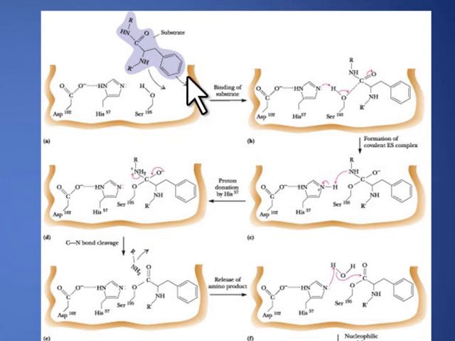The first step of the reaction is substrate binding to the enzyme by nucleophilic attack of the catalytic site serine on the carboxyl carbon of the substrate. The active site histidine residue is activated by a nearby acidic amino acid to extract a labile proton from the serine hydroxyl group.